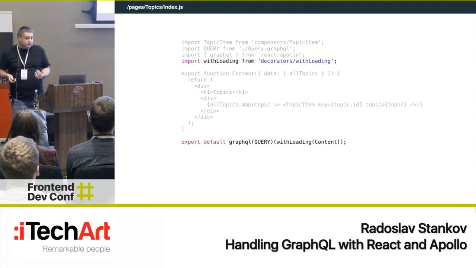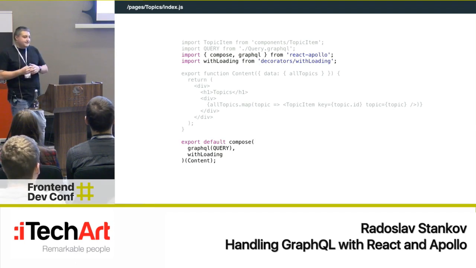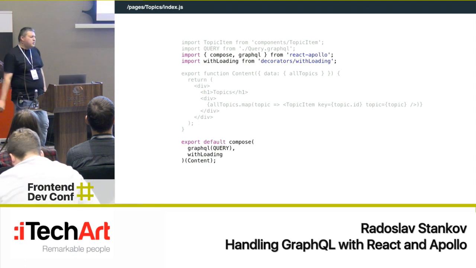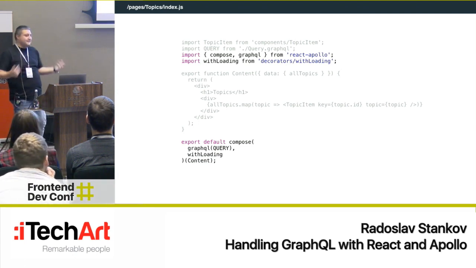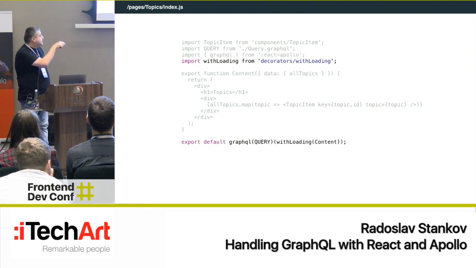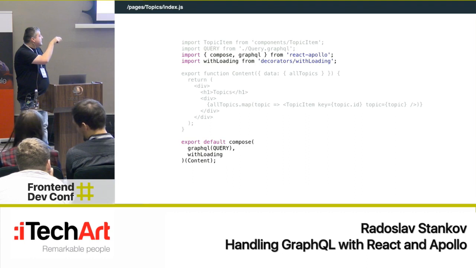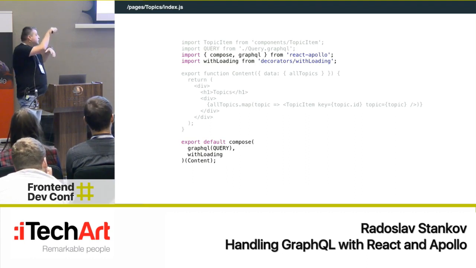So we used another feature from Apollo, which is called compose. It's a utility function. Compose in the React world, I think like 10 libraries have the same function implemented in the same way. So what compose does is pretty much that. It gets you higher order components, it nests them, so it generates a single higher order component which contains all of those, and you can have your content.